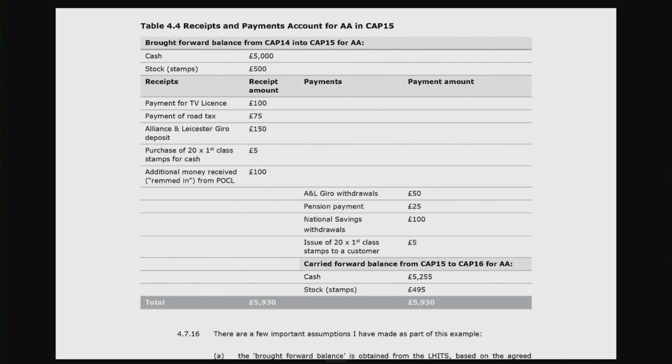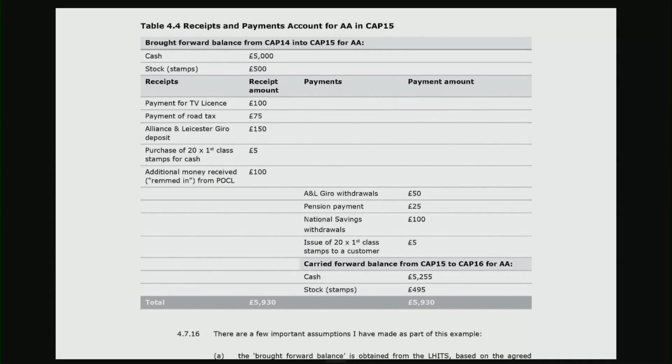What this report shows, or the way this report should be read, is you can see that everything on the left side, which is the total receipts, adds up to 5,930 pounds. And everything on the right for the payments also adds up to 5,930 pounds.